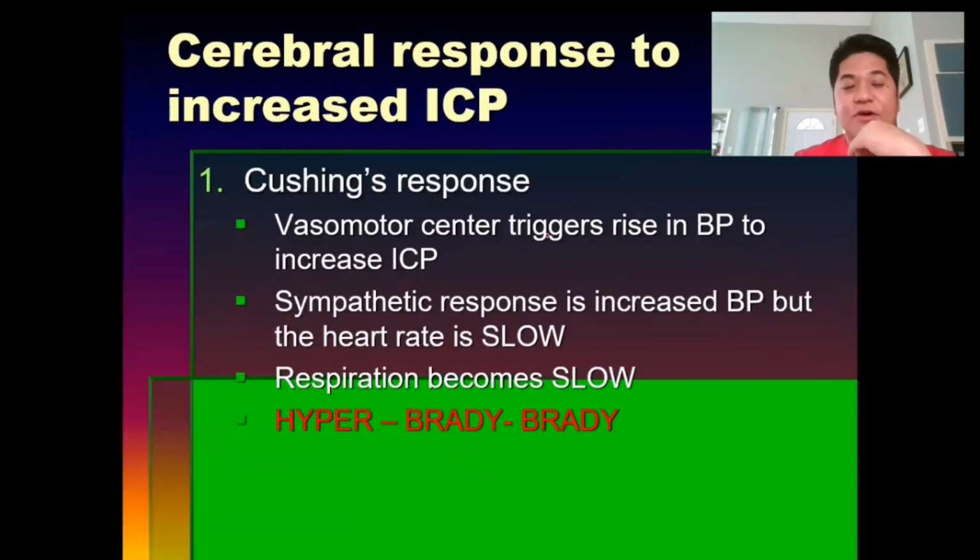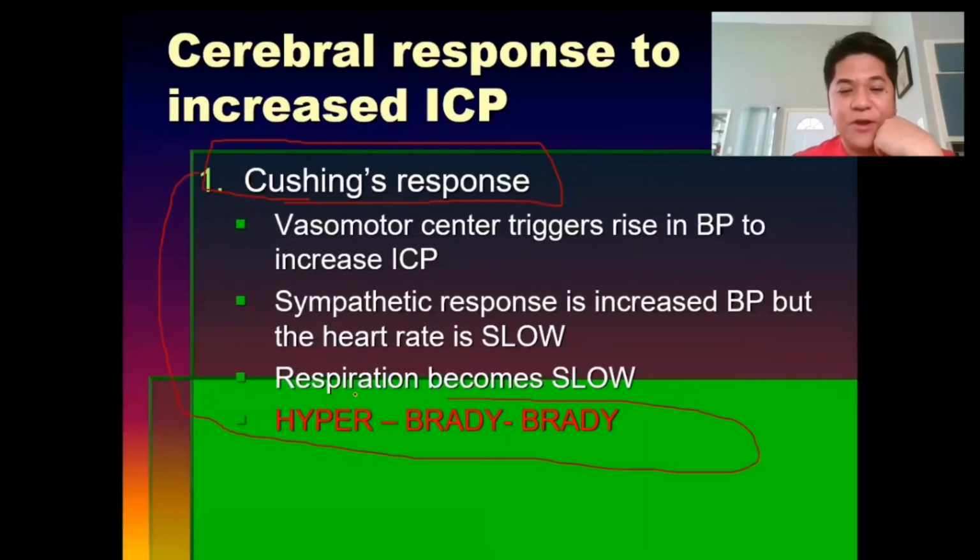Now, these are some of the responses when increasing ICP happens. Like Cushing's response, the Cushing response is called hyper-brady-brady, or hypertension, bradycardia, and bradypnea. This would happen as the vasomotor center triggers the rise in blood pressure. The vasomotor center is your medulla oblongata and then your pons, okay? Then the sympathetic response is stimulated, and therefore it would increase the blood pressure.